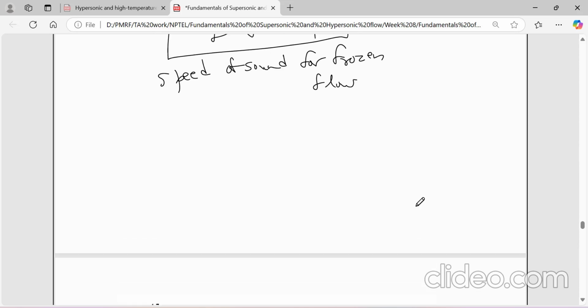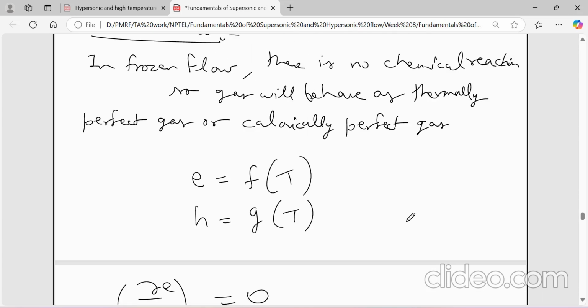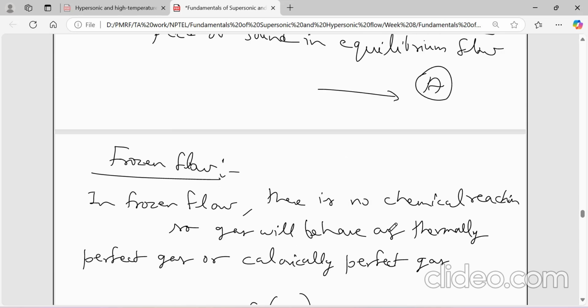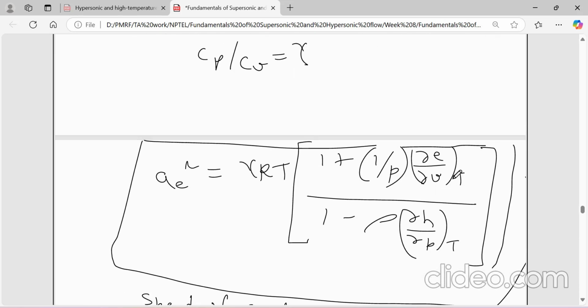One more, this speed of sound has this derivative: ∂E/∂V at constant temperature and ∂H/∂P at constant temperature.